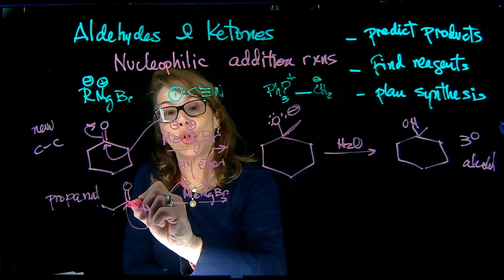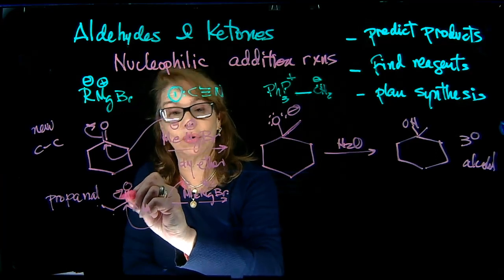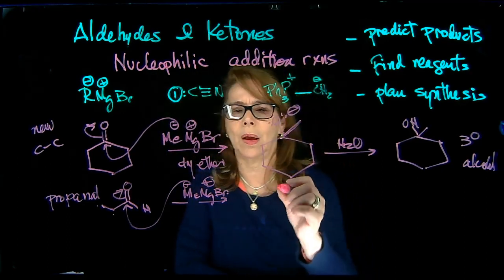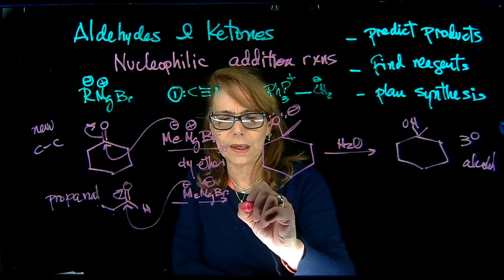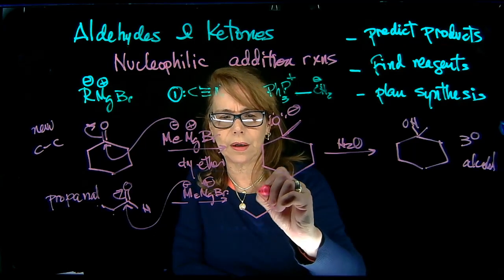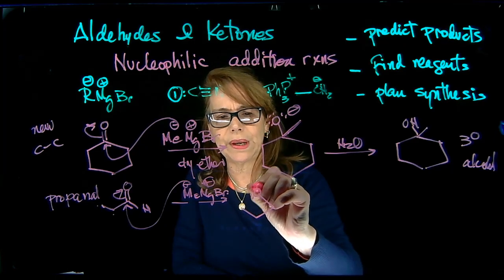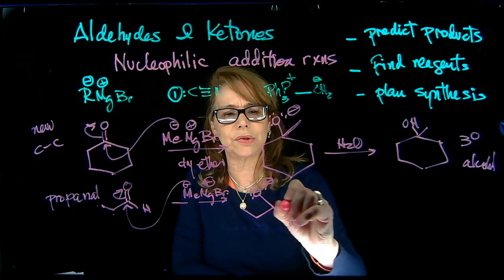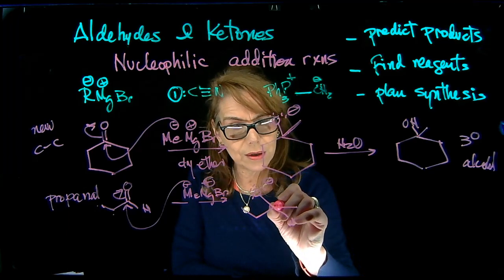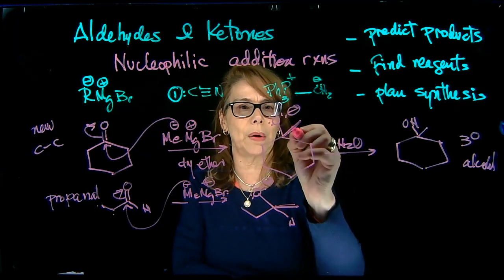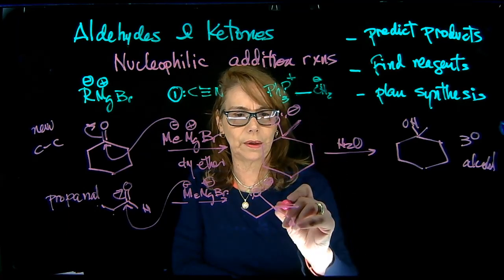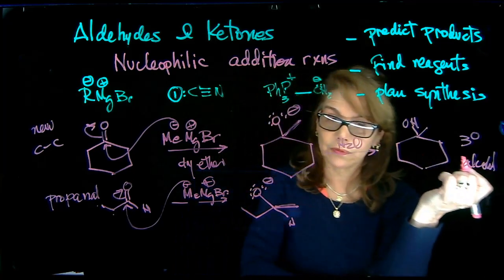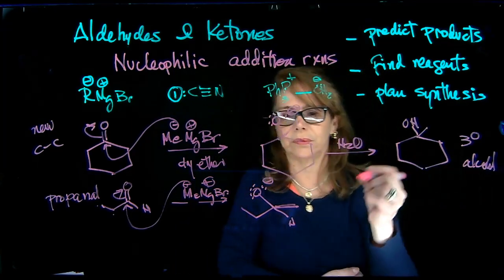So we're going to do nucleophilic attack. Again, it's a strong nucleophile. It goes by that mechanism. So nucleophilic attack directly over to that carbonyl carbon. We're going to have O negative here. I'm going to have my H, and I just added a methyl. So that's a new carbon-carbon bond. That's one here and this one here. So very useful to add carbon atoms to the chain.